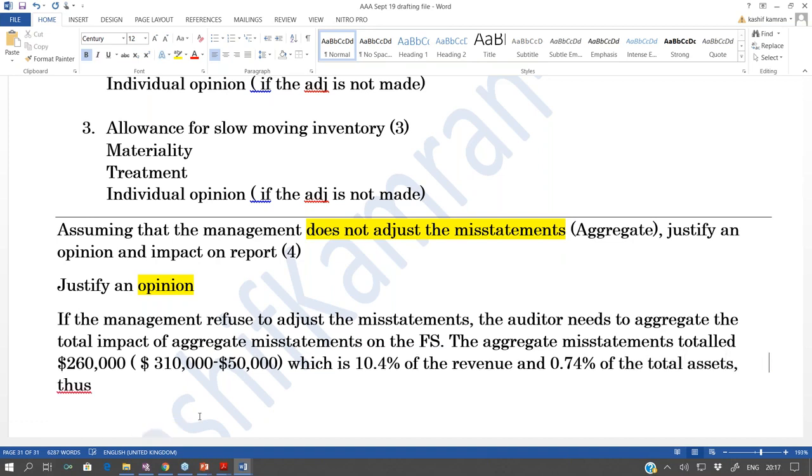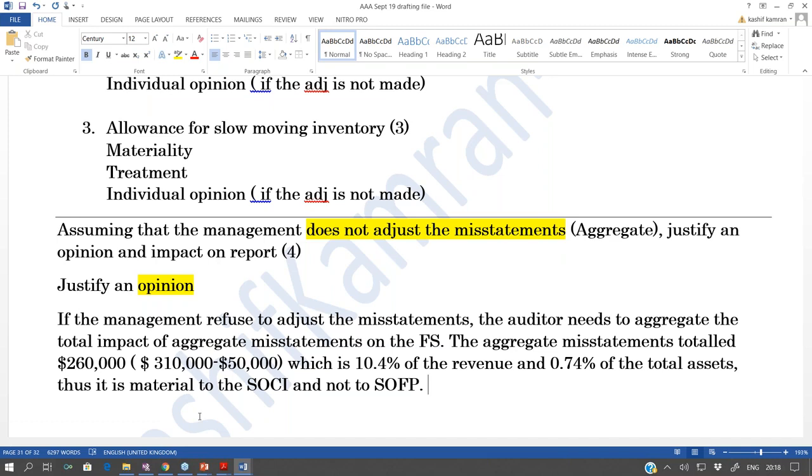Thus, it is material to the statement of comprehensive income and not to the statement of financial position. So which one do we take, higher or lower?